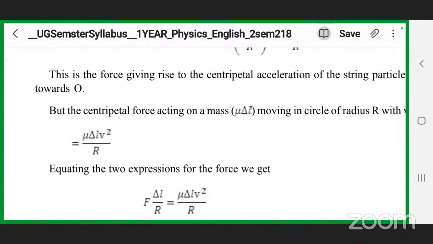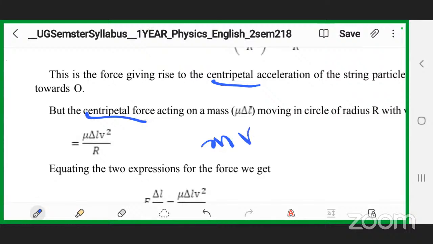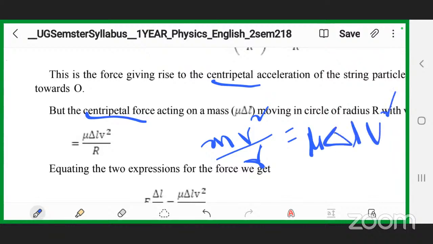Mu delta L. Centripetal force is mv square by r, that is mu delta L v square by r. Small r is kept.